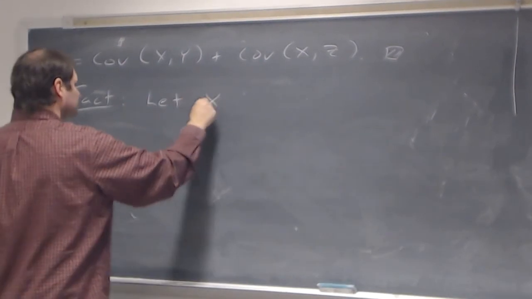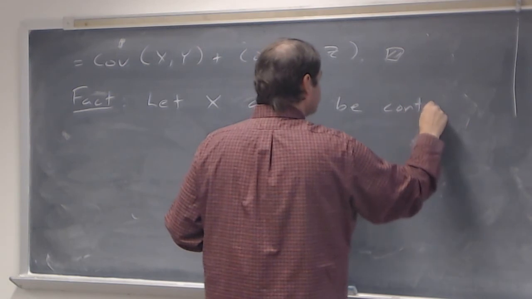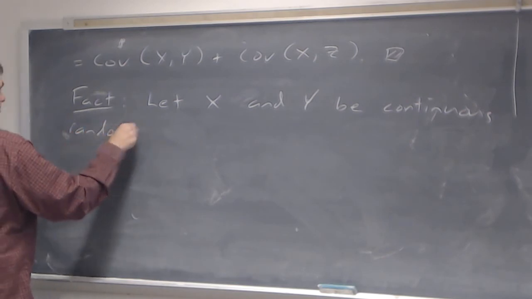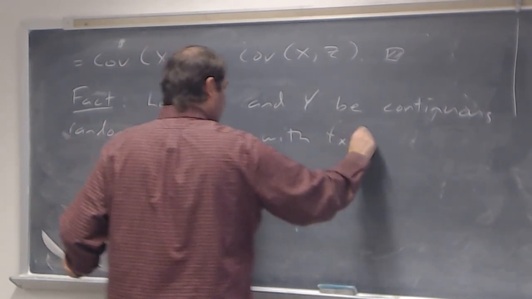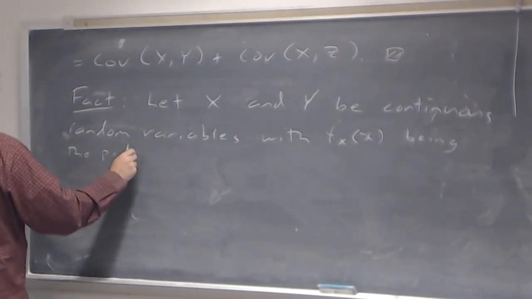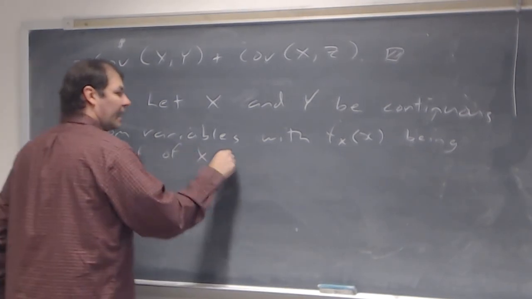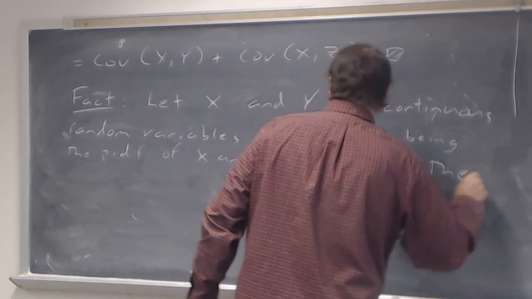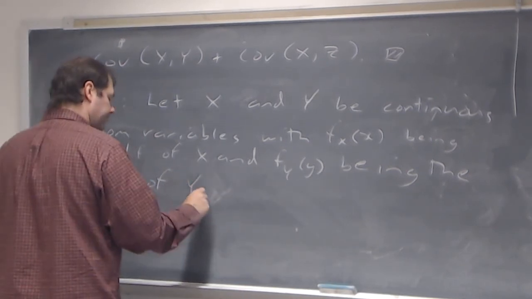If we let x and y be continuous random variables, so they're continuous, with f sub x being the PDF of x and f sub y of y being the PDF of y.